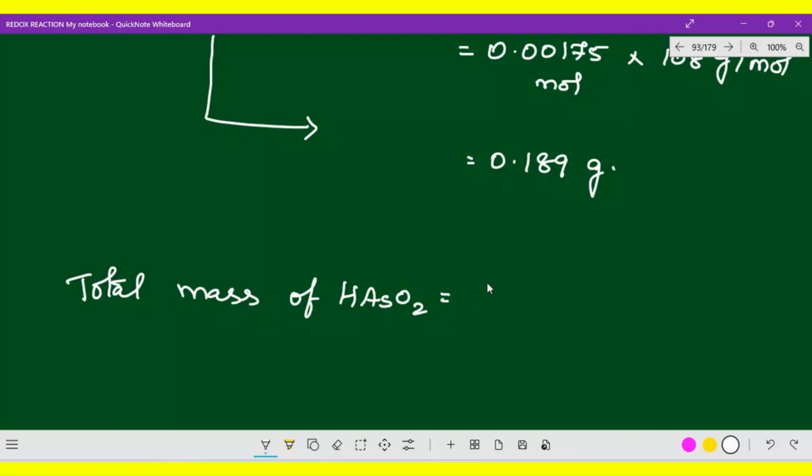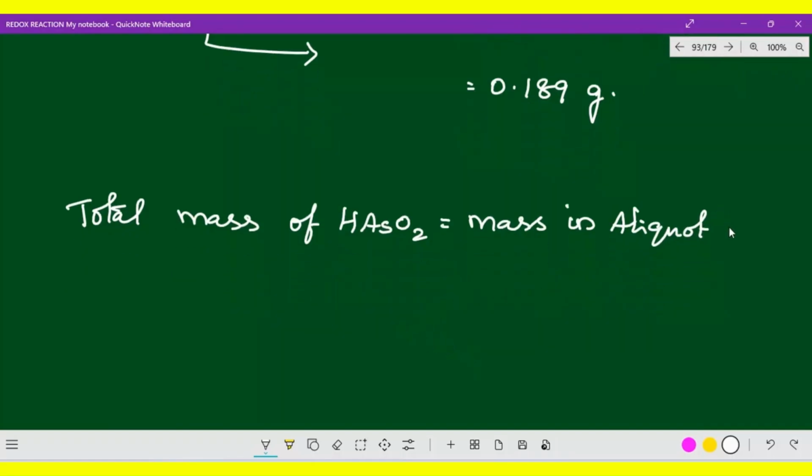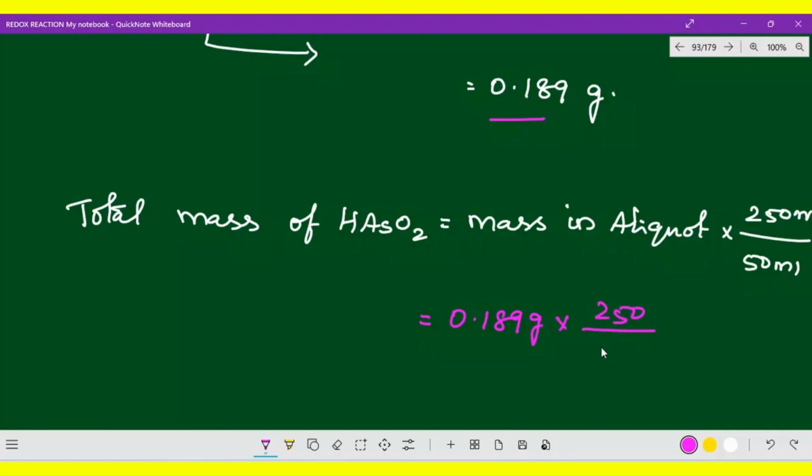That is equal to the mass in aliquot into 250 ml divided by 50 ml. Now here, the given mass is this much. So 0.189 gram into 250 ml divided by 50 ml. So how much you will get?